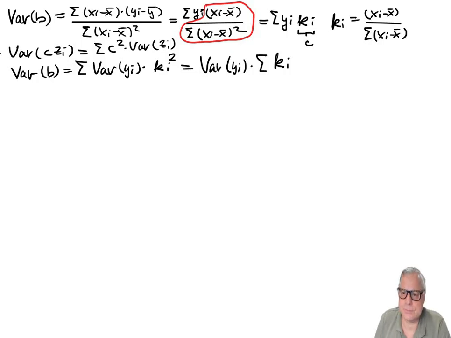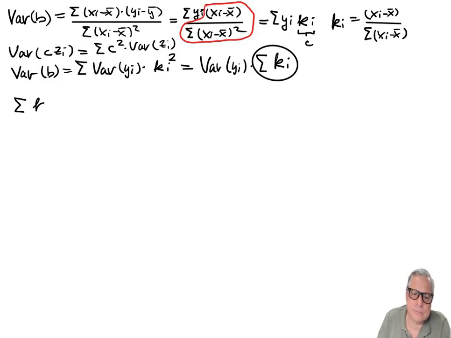So all we need to focus on is now this term here. The sum of ki, and by the way, it's ki squared. I forgot that one, because c squared.